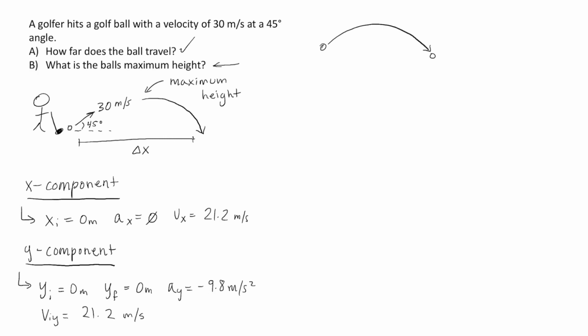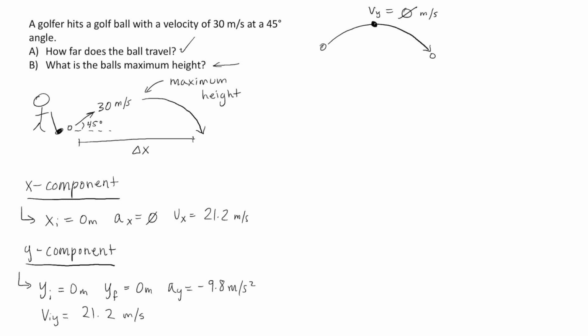In projectile motion, the maximum height occurs at the top of the parabola. And it's very important that you recognize that at the top, so at the maximum height, the velocity in the y component is equal to 0. And that's because the y component is moving with free fall motion.